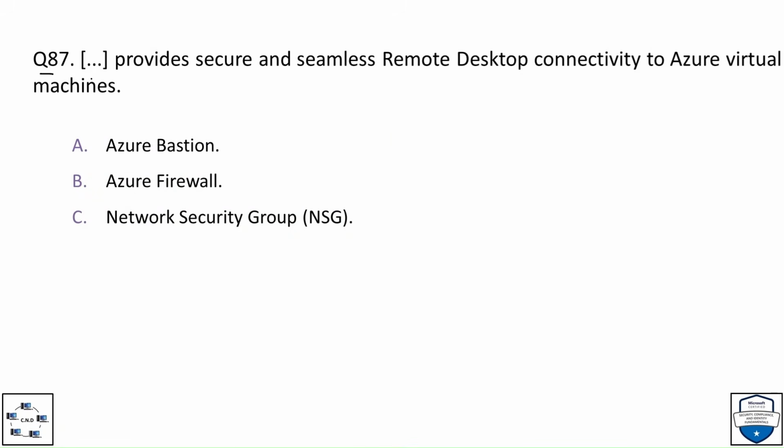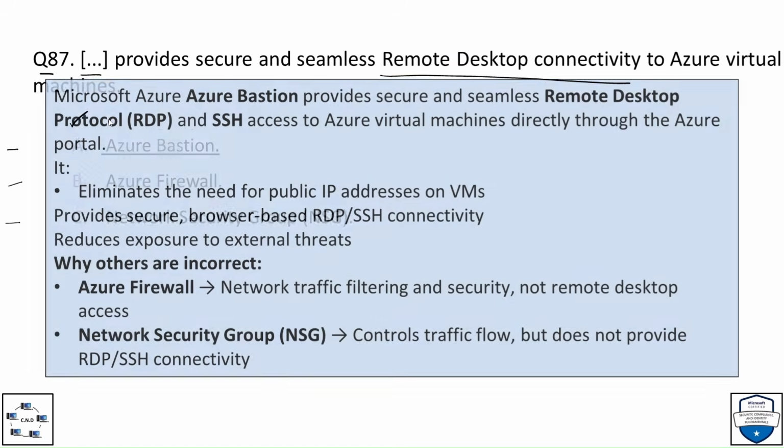Question number 87. Blank provides secure and seamless remote desktop connectivity to Azure virtual machines. Option A, Azure Bastion. Option B, Azure Firewall. Option C, Network Security Group. The correct option is option A, Azure Bastion.